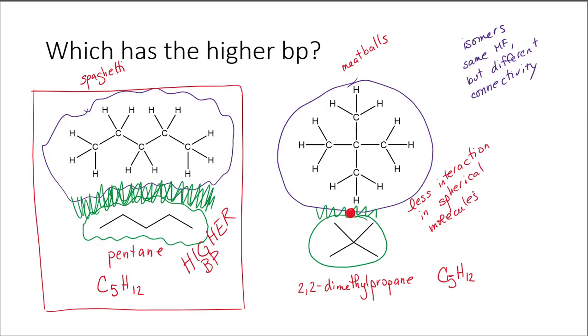They just can't get close enough to each other. So since they can't get close enough, they can't intertwine, that lessens the boiling point. Less energy is required to pull meatballs off of each other compared to pulling noodles off of each other. So the boiling point of pentane is 36.1 degrees Celsius.